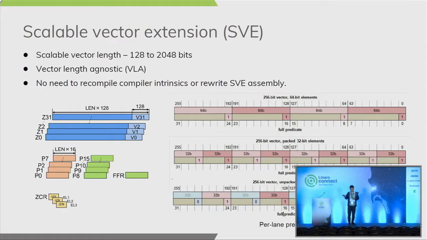You can see on the right-hand side that the lowest bit in each lane of the P register indicates whether the corresponding lane is active or not. SVE is scalable and configurable from 128 bits to 2048 bits.